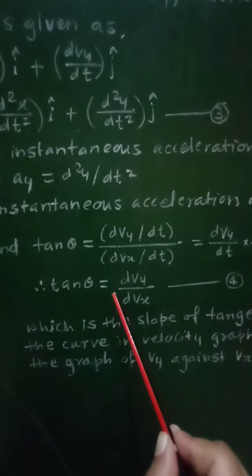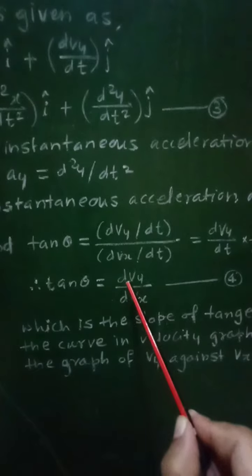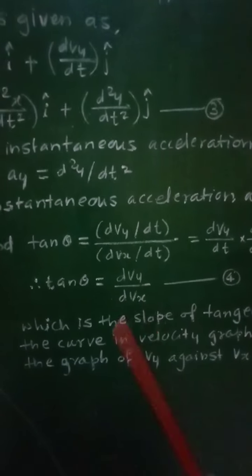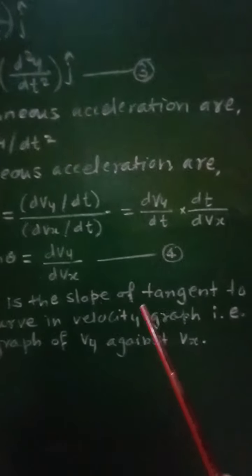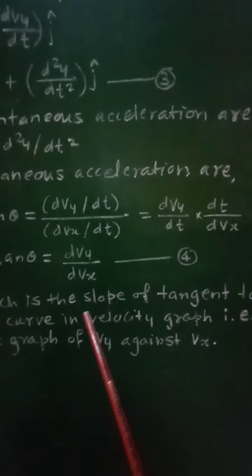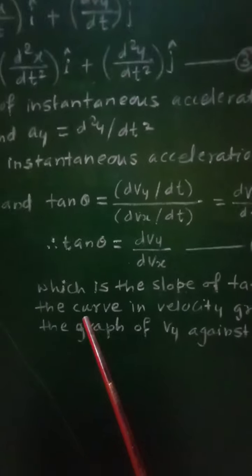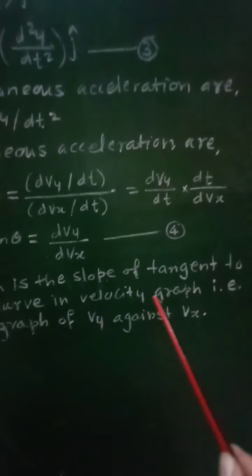and therefore from this equation 4, tan theta equal to dvy upon dvx represents the slope of the tangent to the curve in the velocity graph.